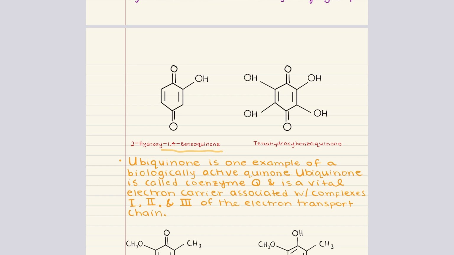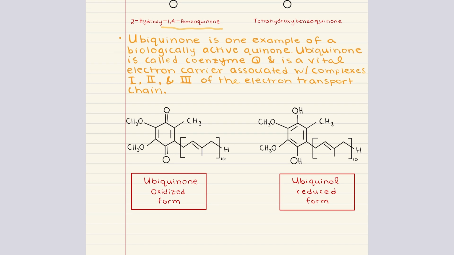Now, one of the most important biologically active quinones is ubiquinone, also known as coenzyme Q. Coenzyme Q is a crucial electron carrier in the electron transport chain where it undergoes reversible redox cycling between its oxidized and reduced forms.